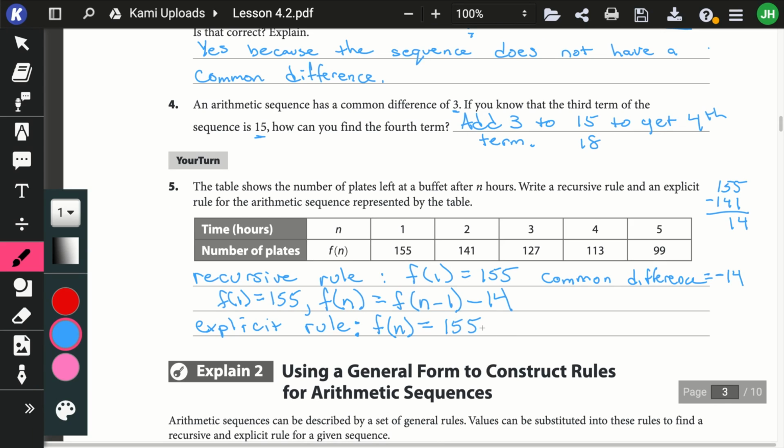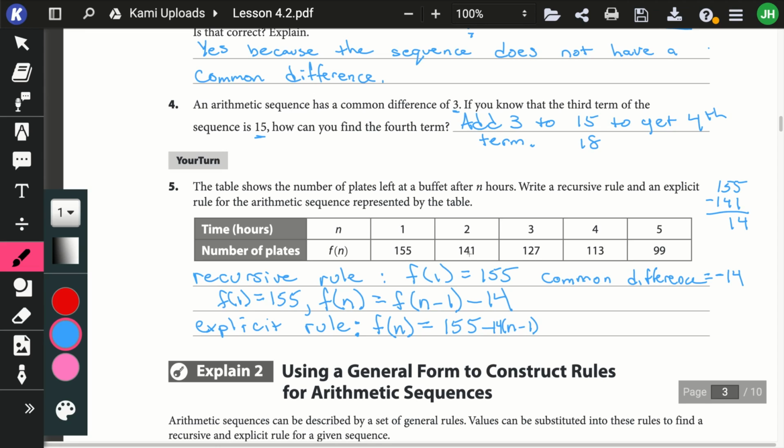And then we subtract n minus 1 times 14, or 14 times n minus 1, because that's the difference, right?